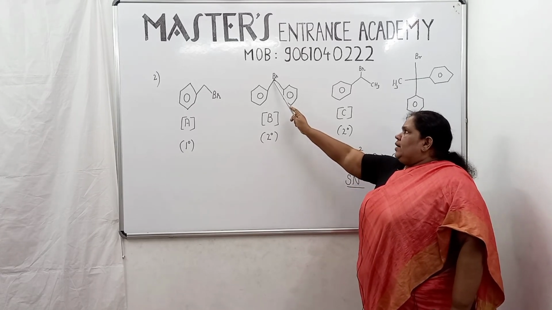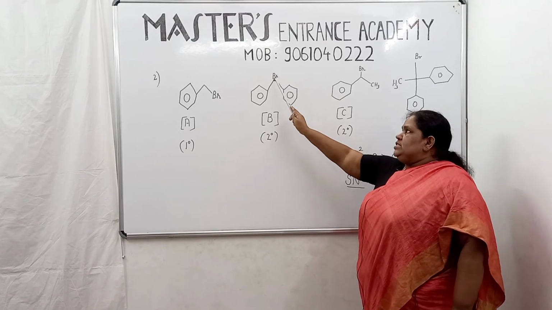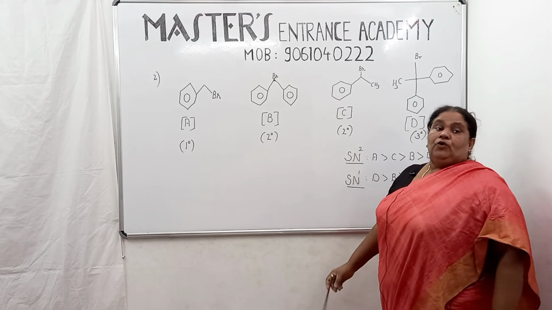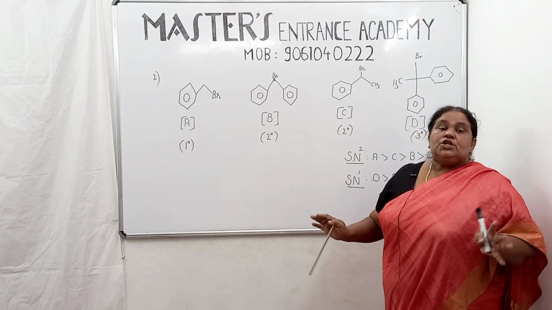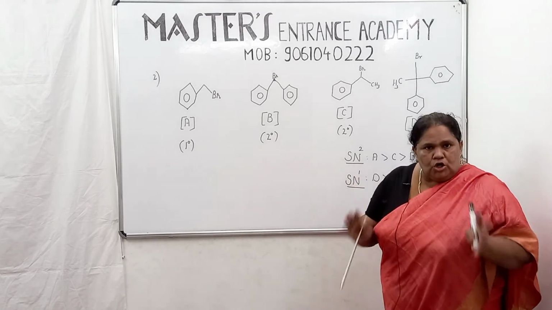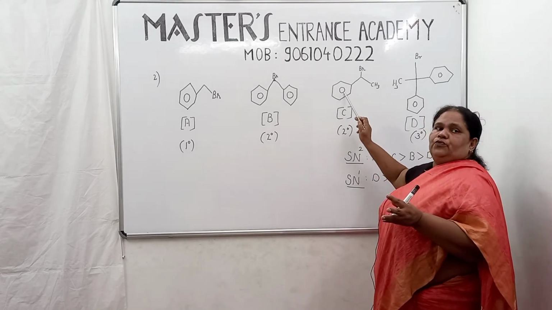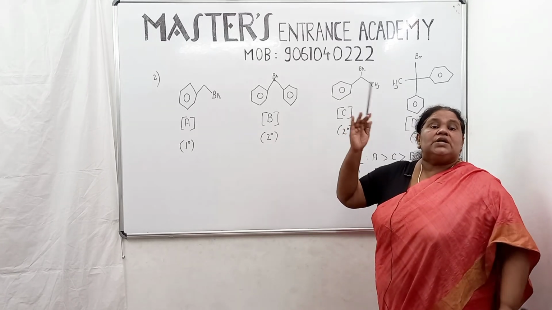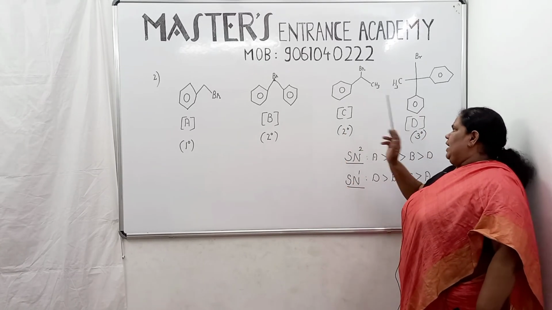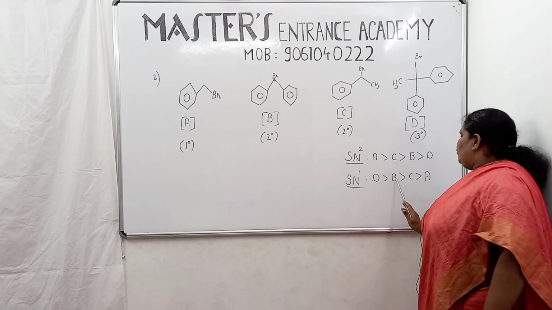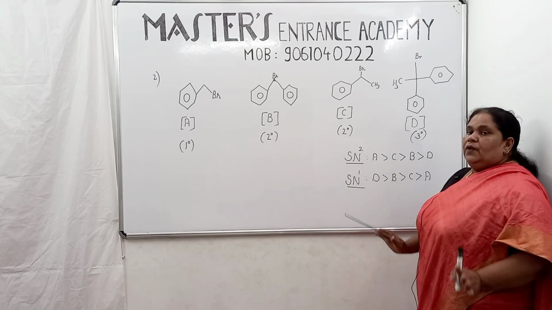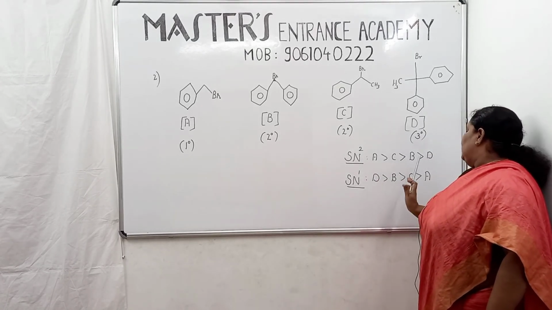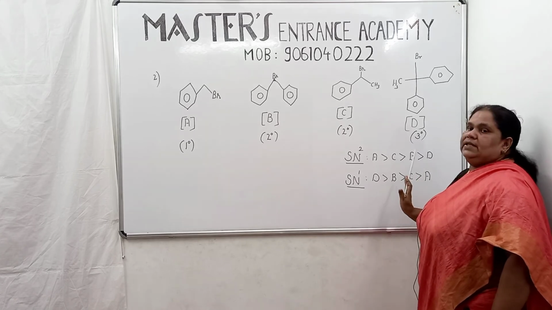Here the carbocation is secondary, attached to 2 benzene rings, so resonance stabilized. So the carbocation is more stable. Here only 1 phenyl group is there, so resonance stabilization is minimum. So out of B and C, B comes first, then C. So the final order is D greater than B, greater than C, greater than A.